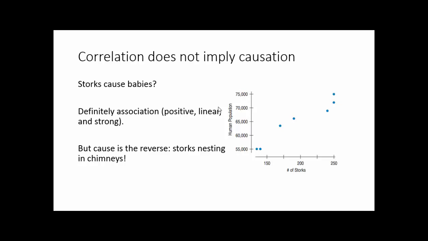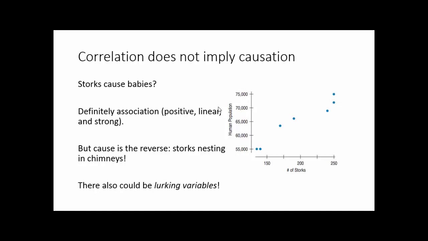Okay, so when I do a plot and find a correlation that's very close to +1 or very close to -1, I cannot jump to the conclusion that there's some cause and effect here.